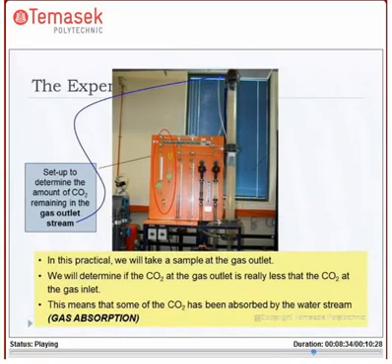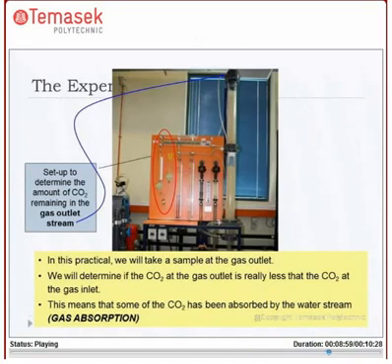In this experiment, we will set the gases of air and carbon dioxide at a fixed flow rate. We will also set the water stream to flow at a specified flow rate. Allowing the unit to attain steady-state operation, we will draw a gas sample from the top of the column, which is the gas outlet stream.